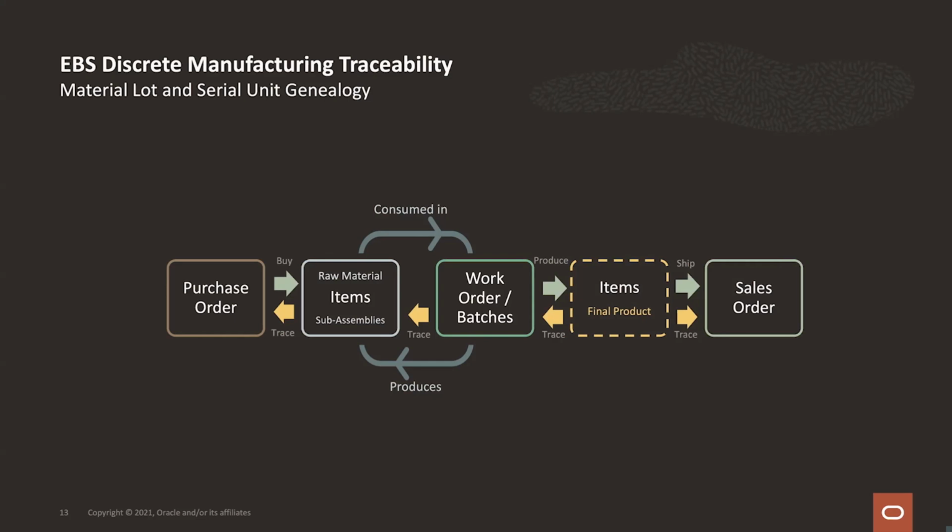And you build up your product over the different levels of the bill of materials until you've got an item which represents the finished product, which you're then going to ship to a customer in a sales order. So there's this sort of loop as you go through building items into higher level assemblies, and then those are consumed in work orders. And so there's an interesting way we have now of representing that.